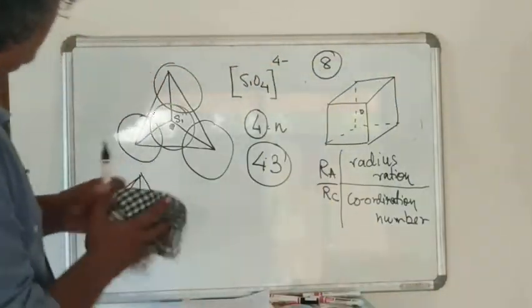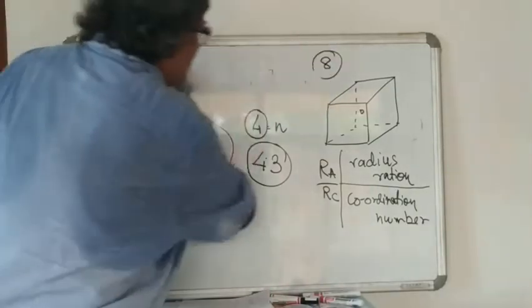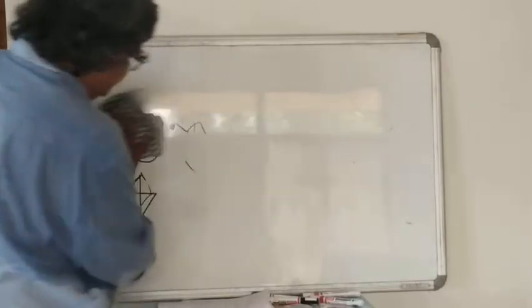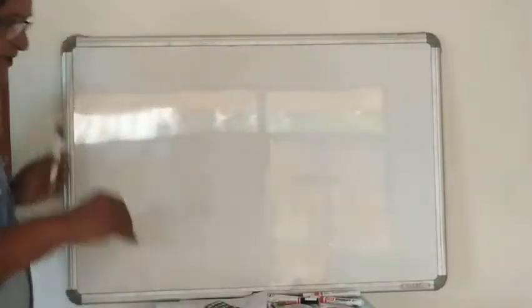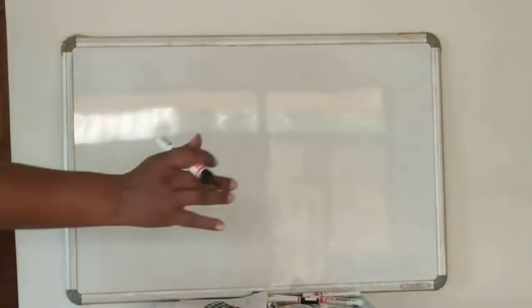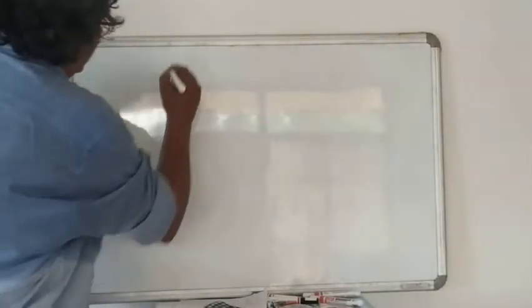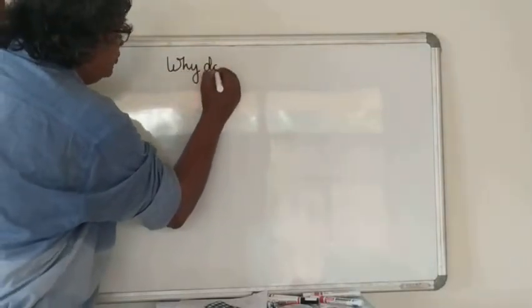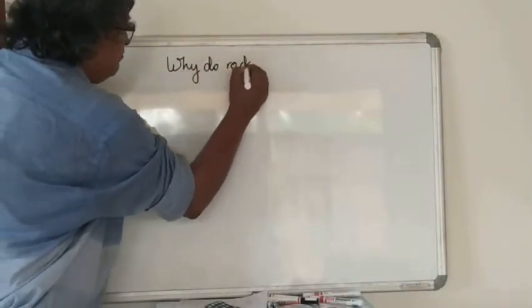Okay, so now we go to the fundamental question as to why do rocks melt. We will understand it geometrically a bit. Right. And the question here is, why do rocks melt?